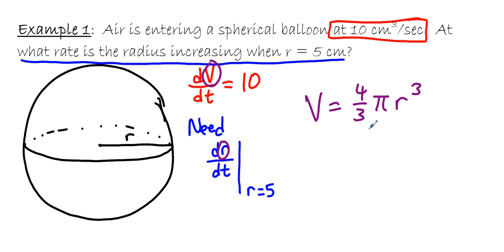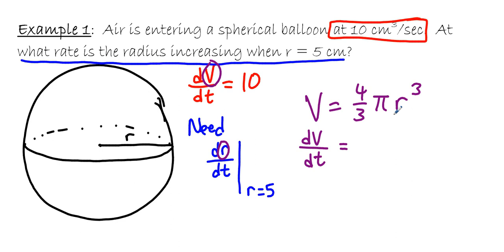So then step 5 says we're supposed to differentiate both sides with respect to time. Now, that's not time, and that's not time. You don't see time anywhere. This is where chain rule kicks in. The derivative of volume with respect to time is dV/dt.